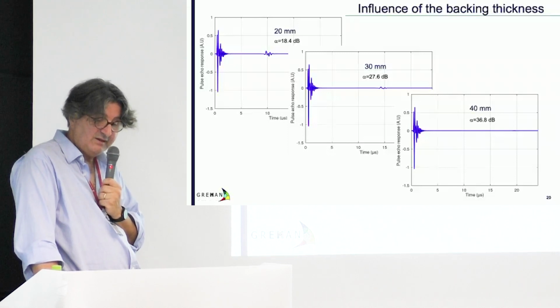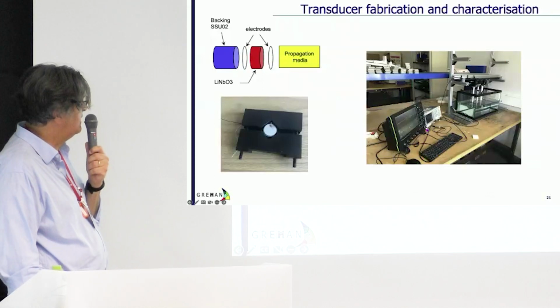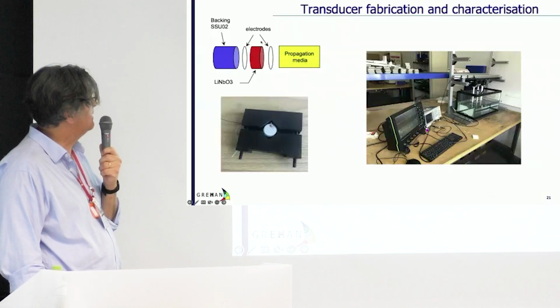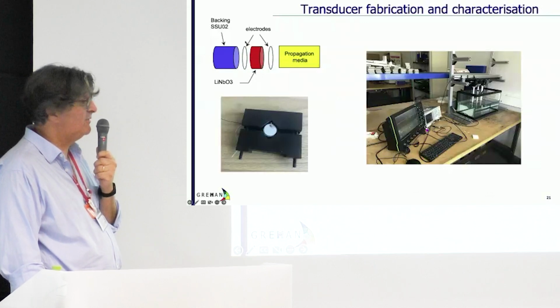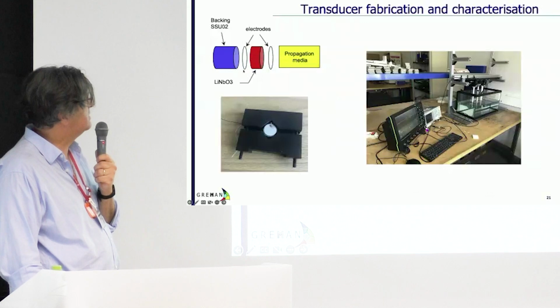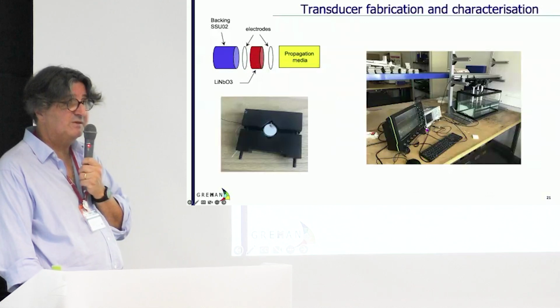But recently, we have made a very simple transducer made of lithium niobate single crystals and electrodes that were made with silver paste, and it was glued with this silver paste on a 25% porosity backing.